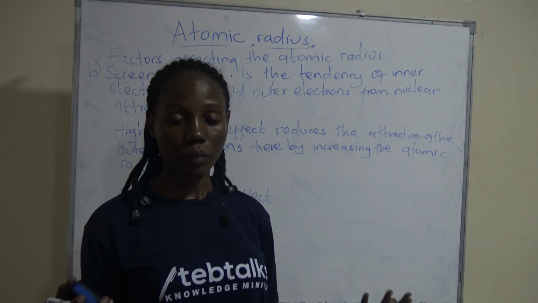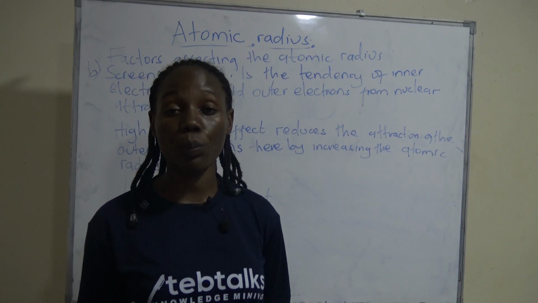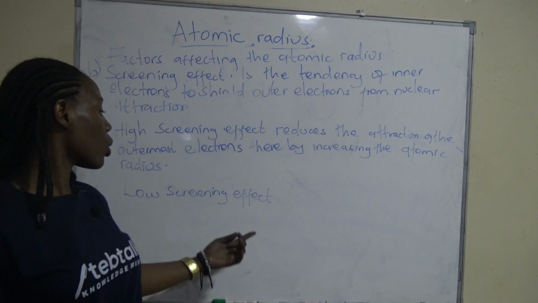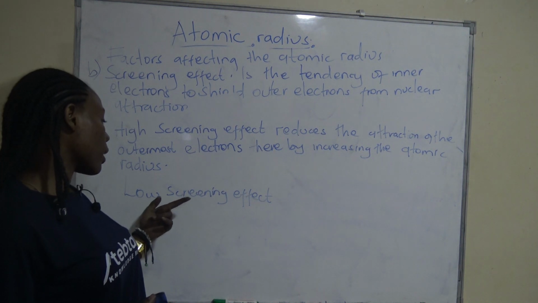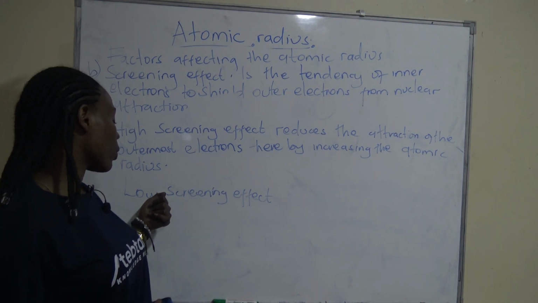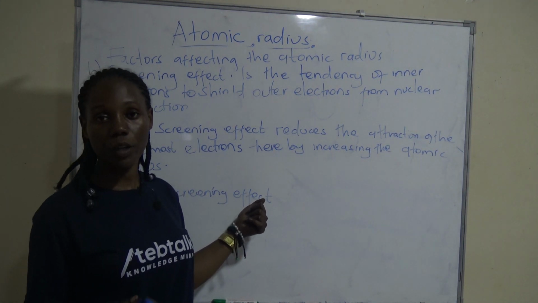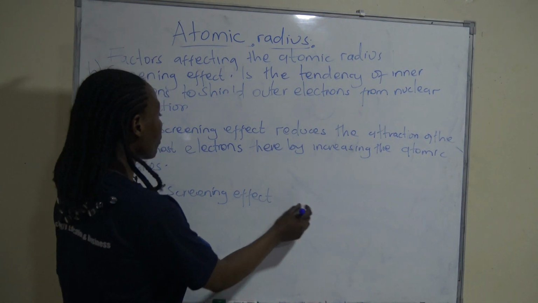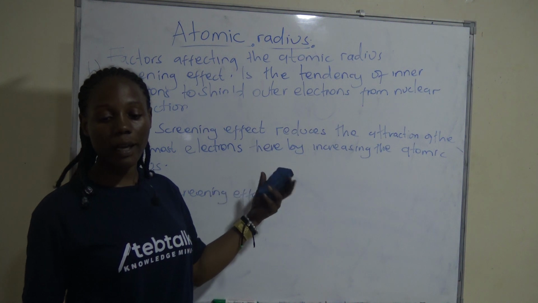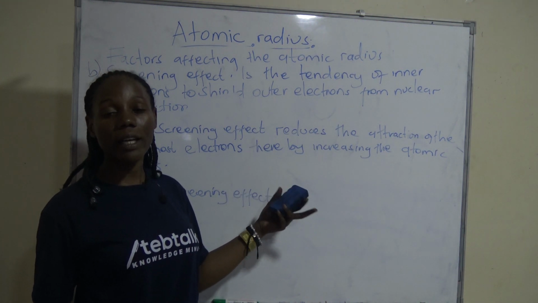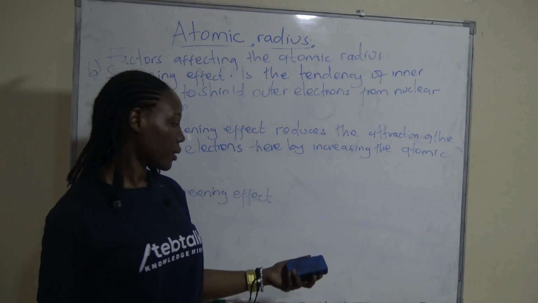Which means the atomic radius would be low. So I expect you to write this and tell me what happens if there is low screening effect, because we've looked at the case when it is high. When it is high, what happens? And when it is low, what happens?